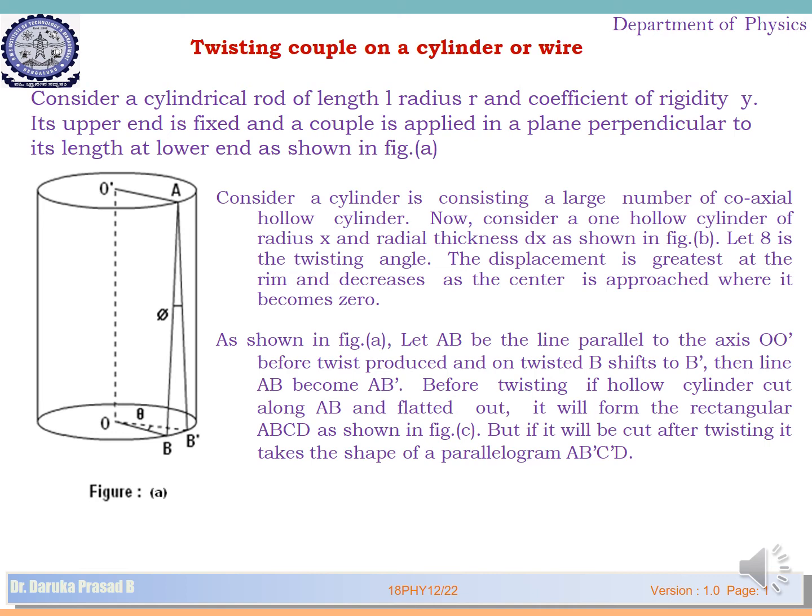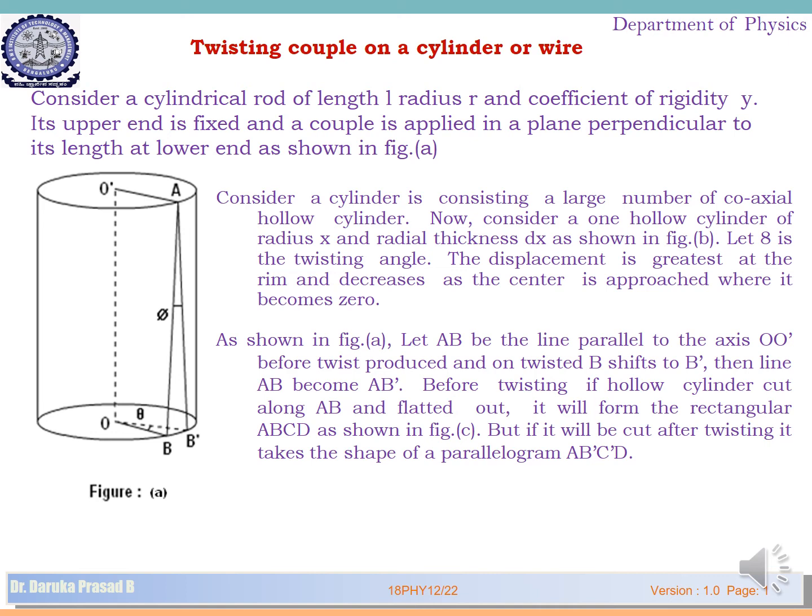So when you apply a couple in a plane perpendicular to the length, there will be a twist. You can consider the cross-sections as many circular plates arranged one above the other. Taking the last one, O'A is not going to change because it is the fixed end, whereas OB, which was there before applying the twist or the force, changes to OB' with an angle theta after applying the load.